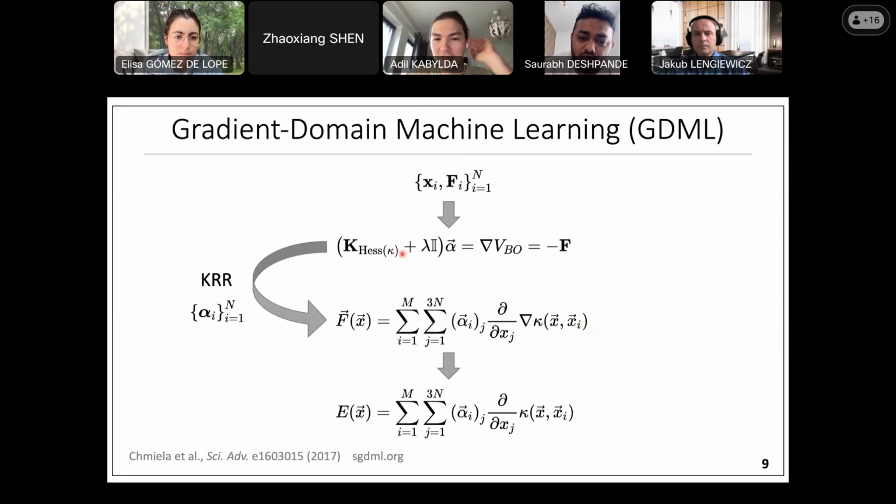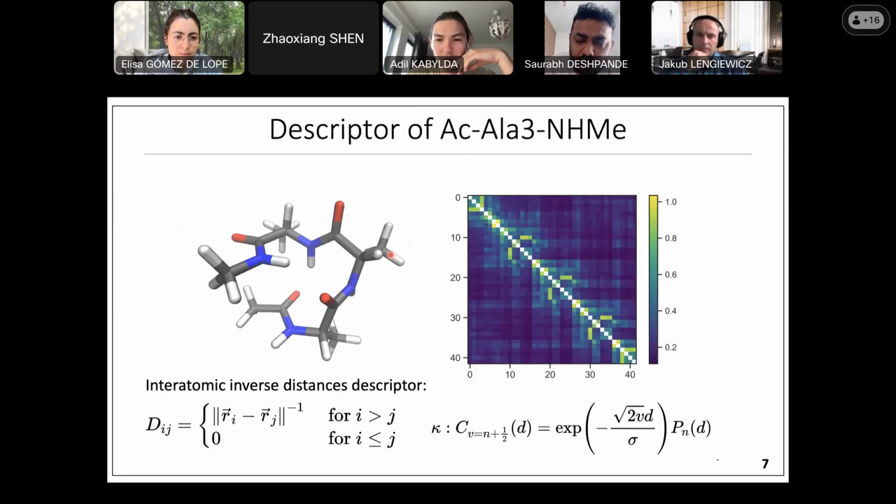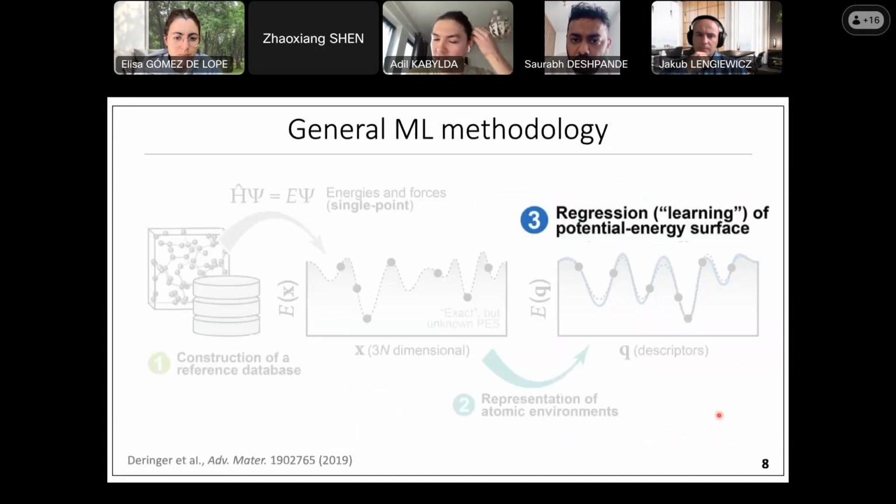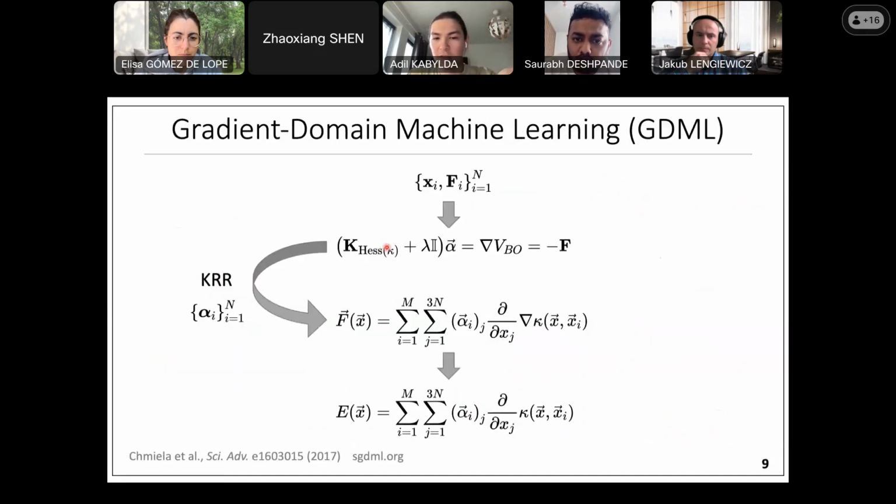So the physics information that we use in our kernel is, we have these interatomic descriptors, right? Which is this thing, and then our kernel looks like this. We have the distance between 2 descriptors and some function that ensures that we can twice differentiate it. And what we do here is we take the Hessian of this kernel. This gives us also directional information, and allows us to preserve some of the physics.